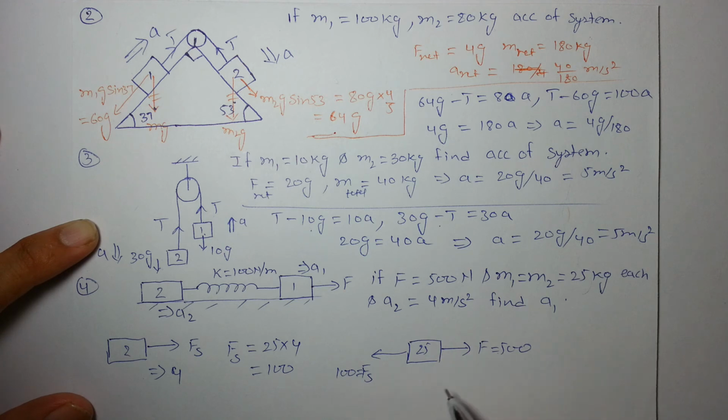The net force is 400. So acceleration A1, I will write 500 minus 100 will give you 25 A1. So A1 is nothing but 400 by 25, which is how much? 16 meter per second square. Okay, enjoy.